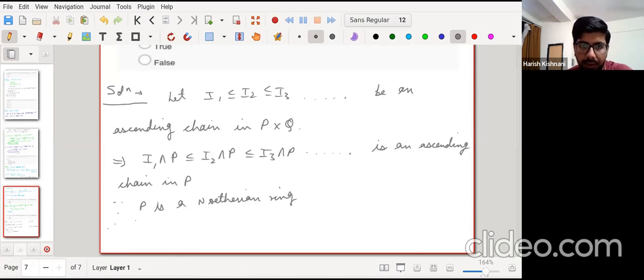Therefore, there exists some i such that It intersection P is equal to Ii intersection P for all t greater than or equal to i. So it terminates at i.